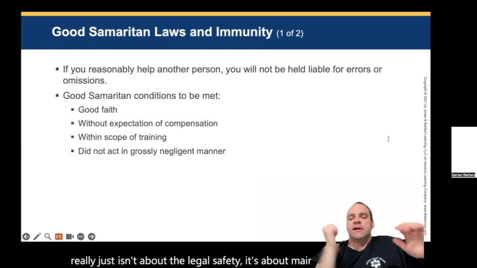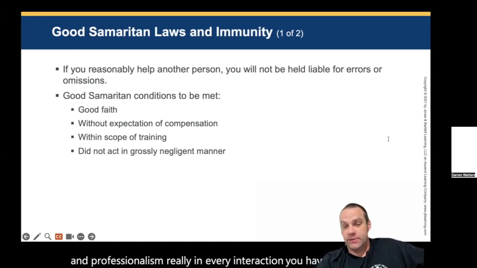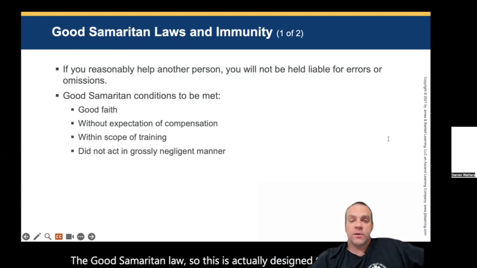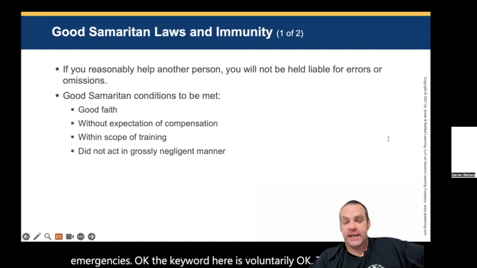The Good Samaritan Law. This is designed to protect people, including EMTs, who voluntarily render aid in emergencies. The key word here is voluntarily. These laws primarily apply only when you're off duty as an EMT and not being compensated.